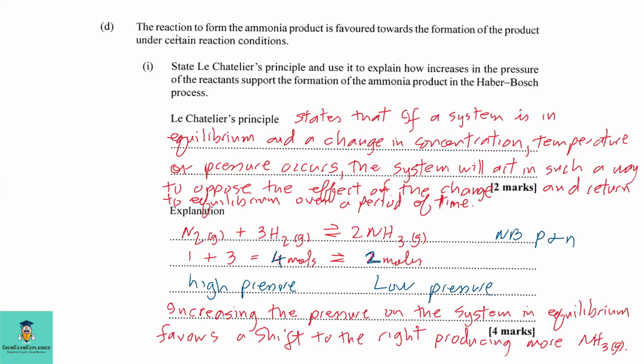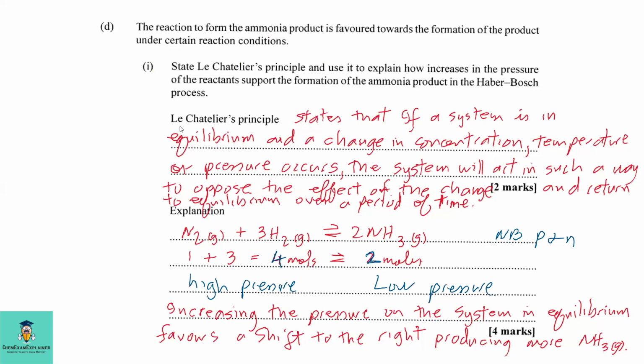Part D. The reaction to form the ammonia product is favored towards the formation of the product under certain reaction conditions. 1. State Le Chatelier's principle and use it to explain how increases in the pressure of reactants support the formation of the ammonia product in the Haber-Bosch process.